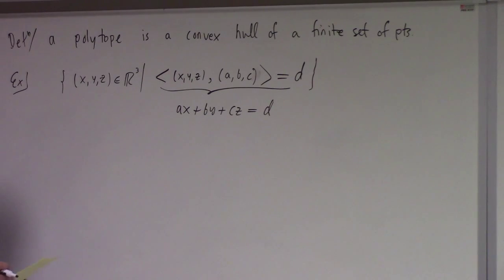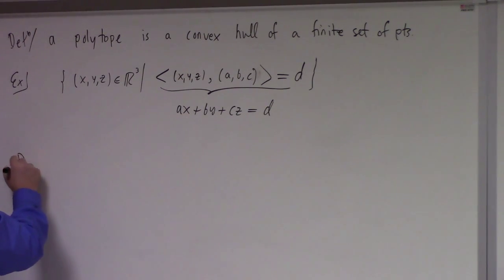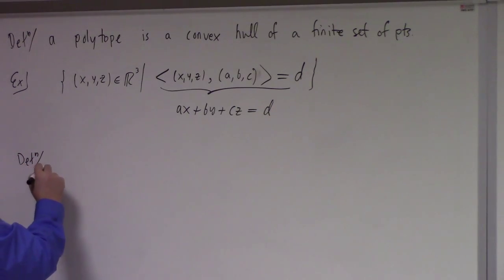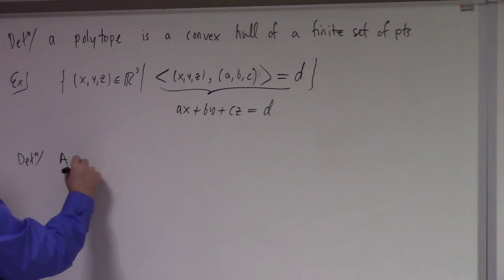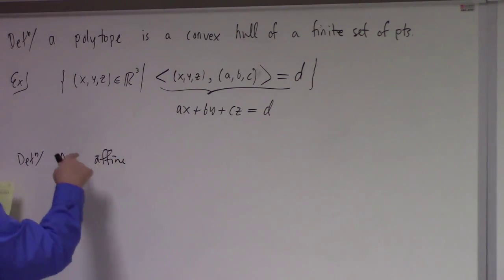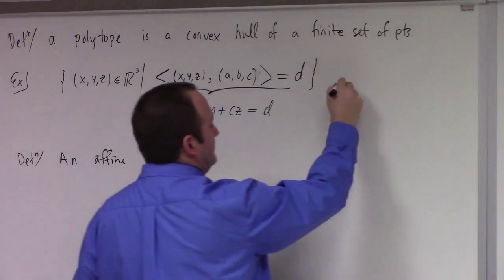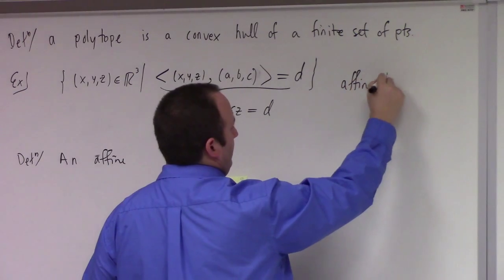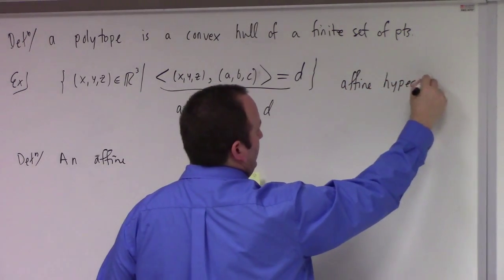Now, basically, an affine hyperplane H is a supporting hyperplane of a polytope if it meets the polytope in some non-empty way. So this is an affine hyperplane.